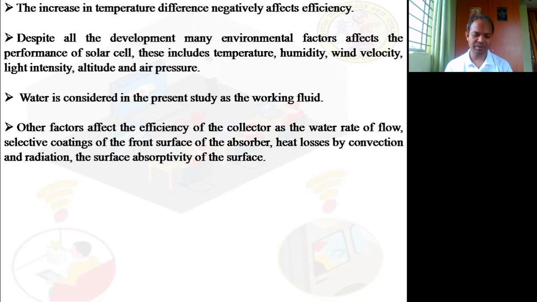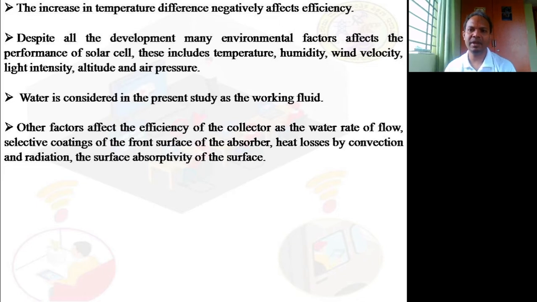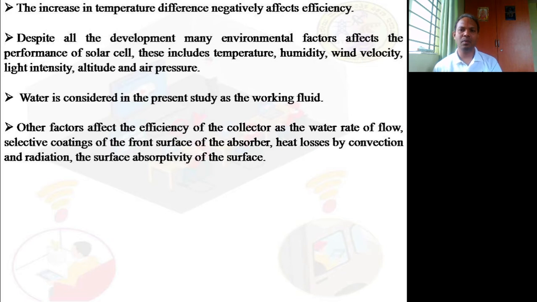So certain things which we cannot control, we always call noise factors, because we will not have control over these things. The temperature we cannot control, humidity we cannot control, wind velocity we cannot control, and light intensity, of course, altitude or air pressure.